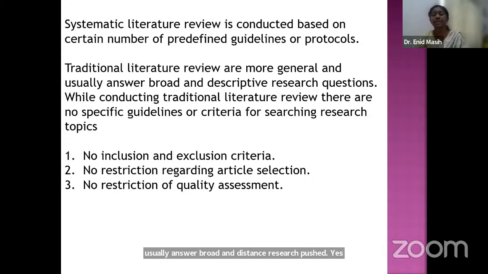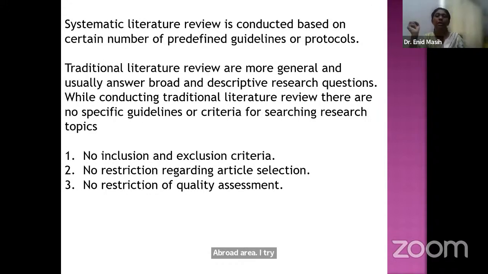Yes, this is the major difference between a traditional and a systematic literature review: a traditional literature review tries to address a broad area, a broad question, so many questions are addressed.